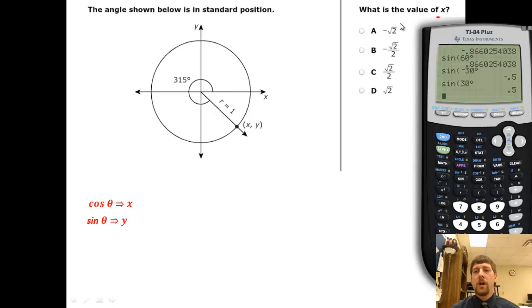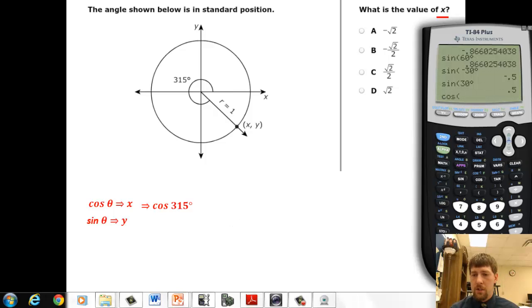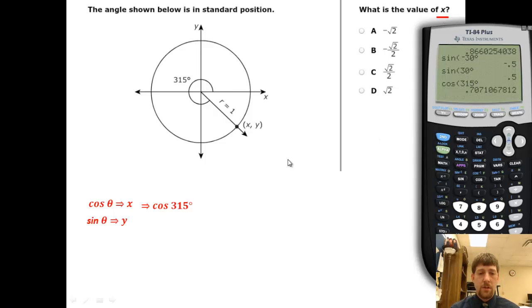So when they say what is the value of x, they're really wanting to know what is cosine. X is cosine, so what's cosine of that angle? 315 degrees. So it's a really nasty, ugly way of asking you what's cosine of 315 degrees. Well, we can punch that in the calculator. Cosine 315 second angle degrees, 0.707.